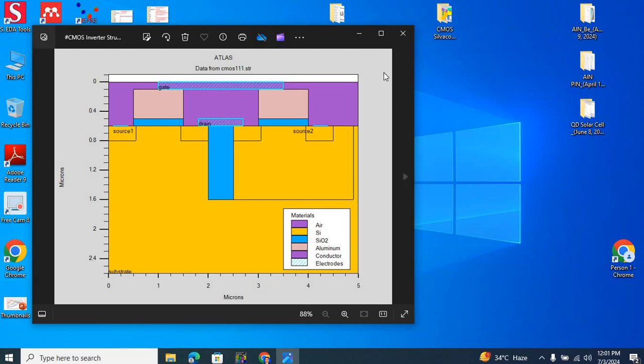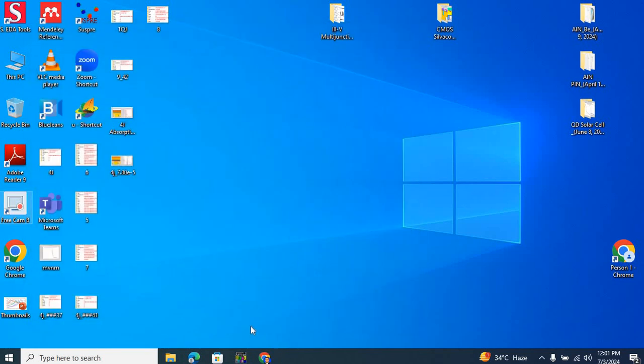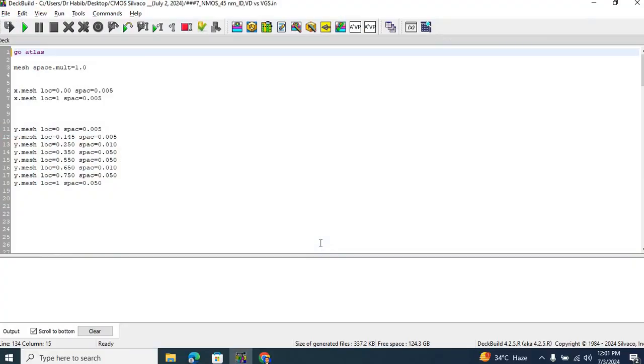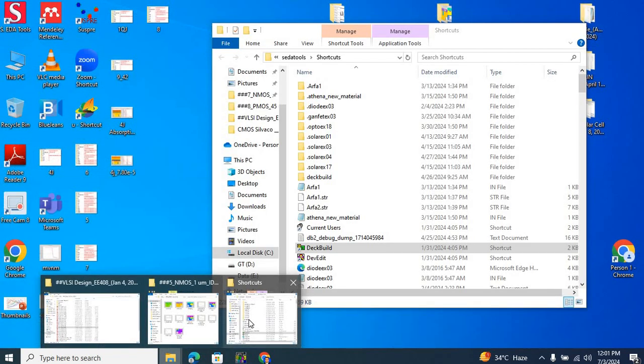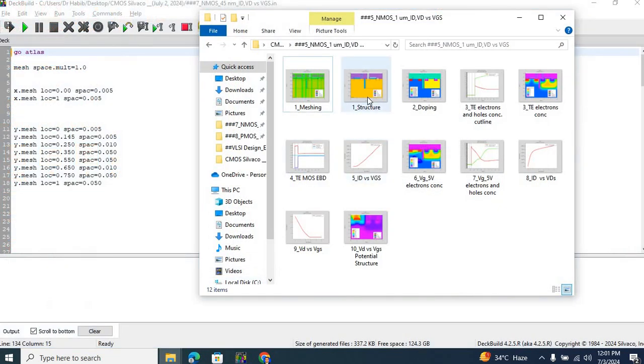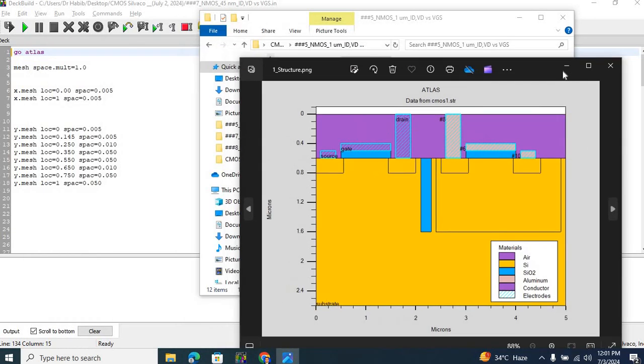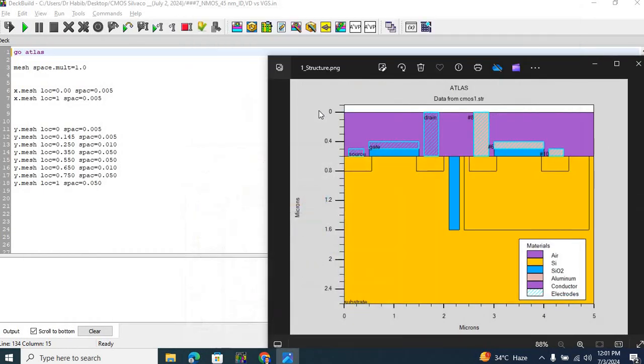Okay, with that background, let us now switch to the Silvaco TCAD simulation. First, I will show you how to perform the Silvaco TCAD simulation of a 45 nanometers gate length CMOS inverter, and I will run you through the code, and at the same time I have saved some figures, so it's easy to run through the code and look at the figure for reference as well.